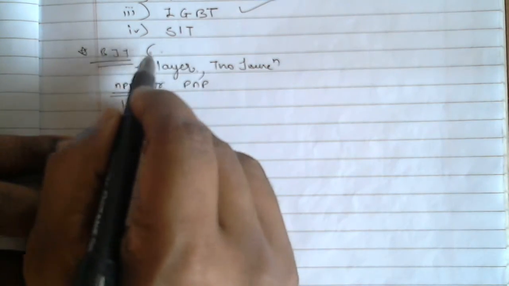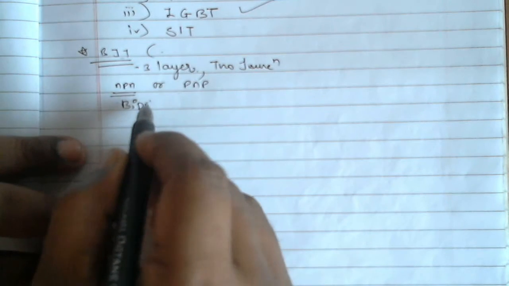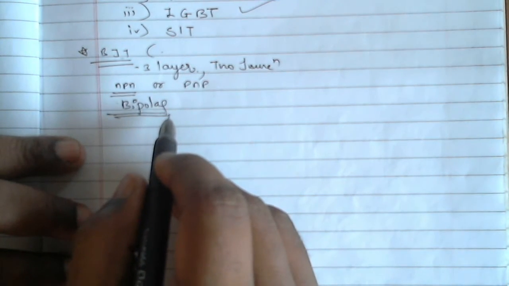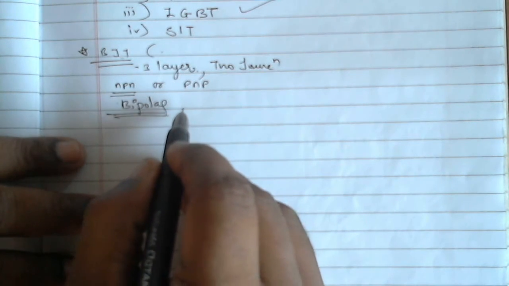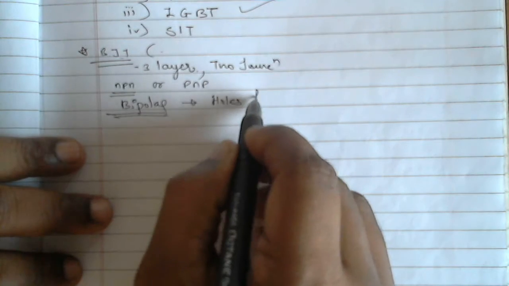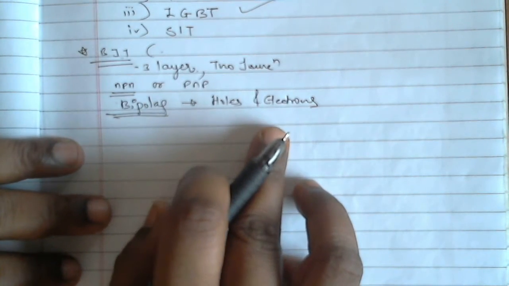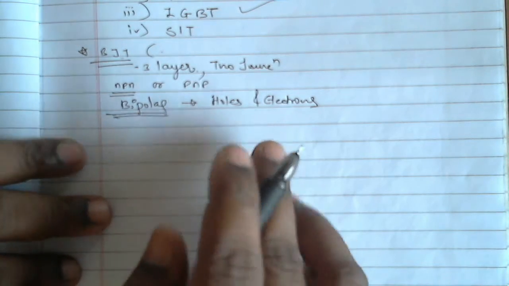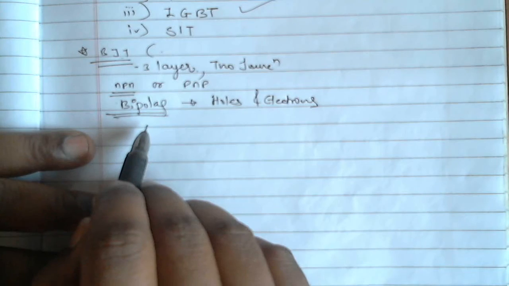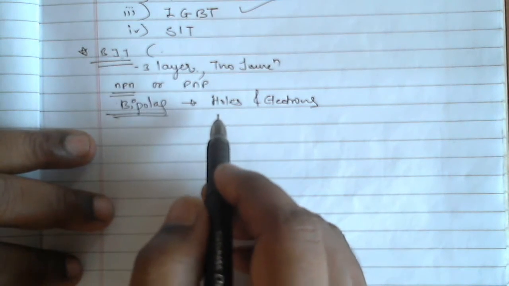Its full form is bipolar junction transistor. What does bipolar mean? Very important point. The term bipolar denotes that the current flow in the device is due to the movement of both holes and electrons. If it is unipolar, then current is produced due to the movement of only electrons or only holes.